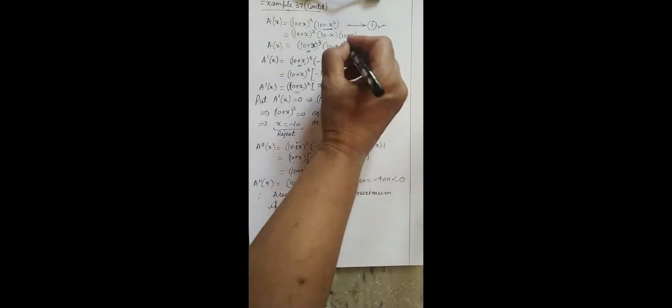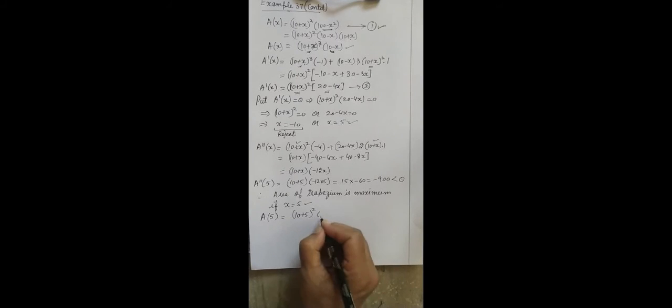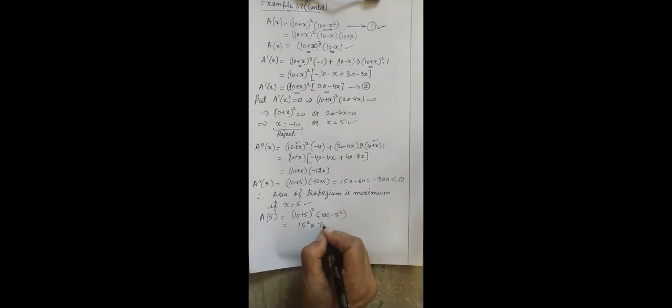So students, now I will simply put my value of x in expression number 1, so that I will find the area. So now what is my A of 5? I am putting the value here. It will be 10 plus 5 whole square into 100 minus 5 square, which will be equal to 15 square into 100 minus 25, 75.